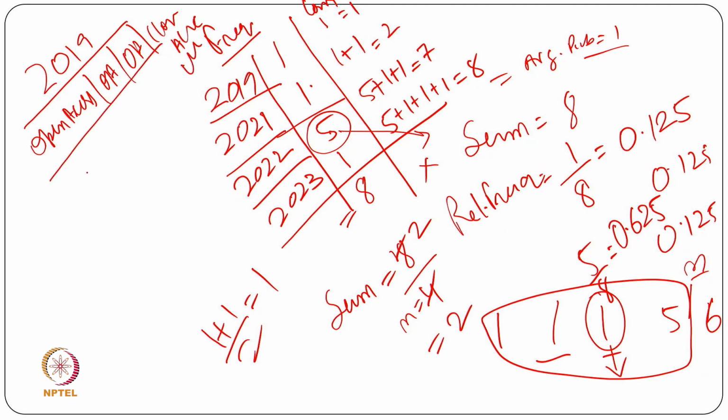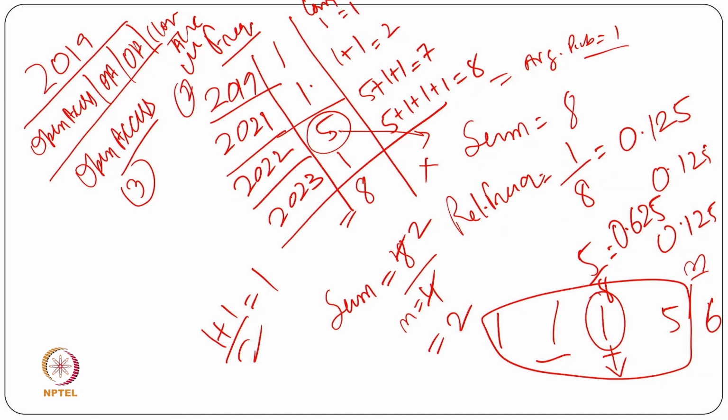Now here the mode is the most occurring value, which is open access, because the occurrence of open access is 3 and closed access is 2. So this is how we calculate the mode manually.